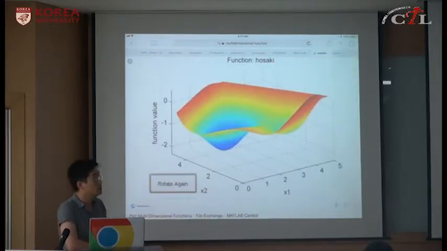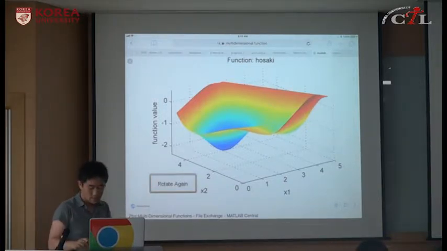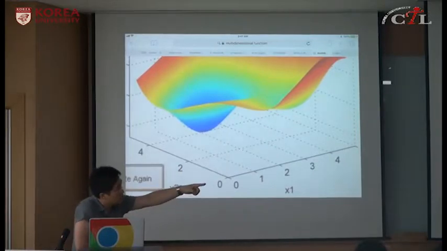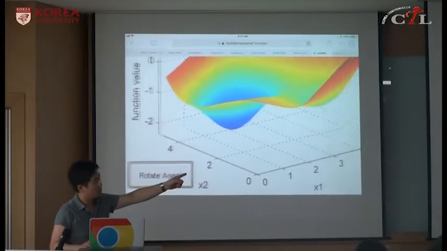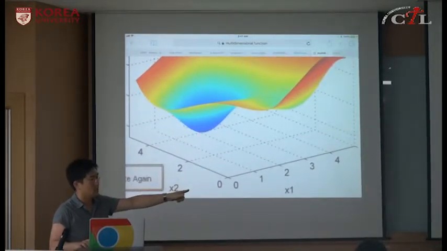So we can imagine one example of our function that maps the two-dimensional vector of x1 and x2 into another scalar value, right? So in this case, we have an x1 and x2 axis in the bottom, right?